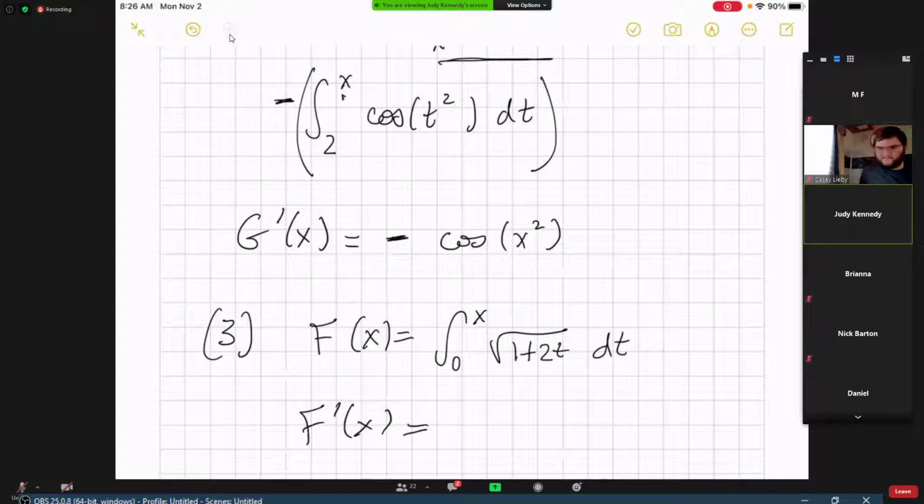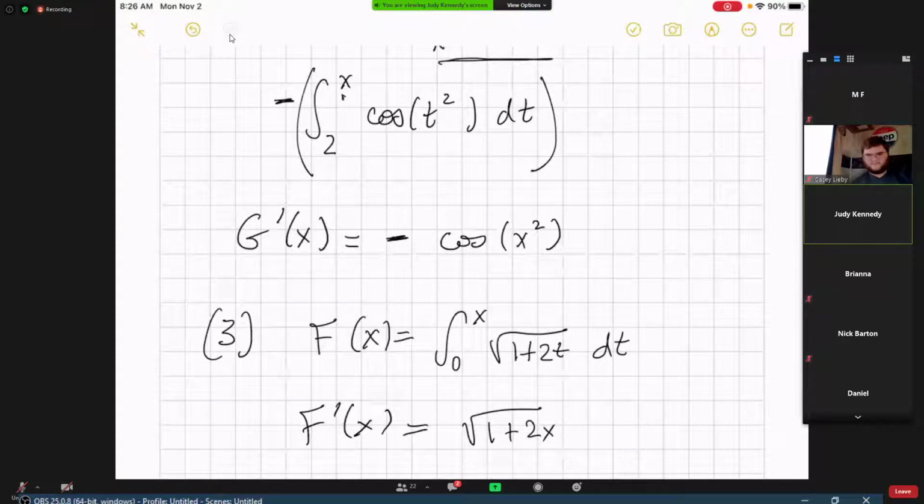So what's f prime of x equal to? It's just the square root of 1 plus 2x.